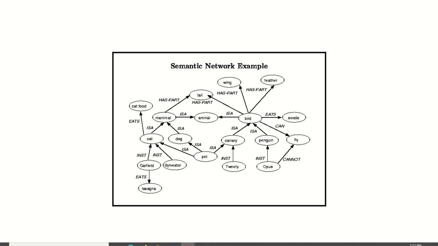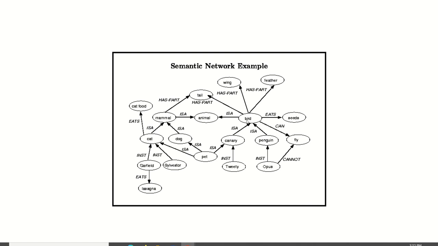There's different examples, there's penguins, there's canaries, but then there's also that a bird is an animal, that a bird eats seeds, that a bird can fly, and so forth. So it may be that in our brain, if we simplify this and we just think of one neuron that corresponds to bird, that neuron would be related to a bunch of other neurons that represent the features of that particular category, that bird, right?